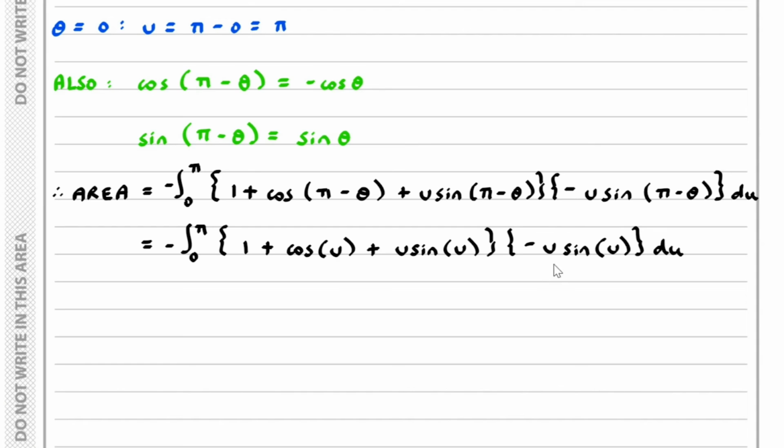And if I multiply all of this out, taking out the negative with this negative, we're going to be left with a positive. So I've got the integral from 0 to pi.